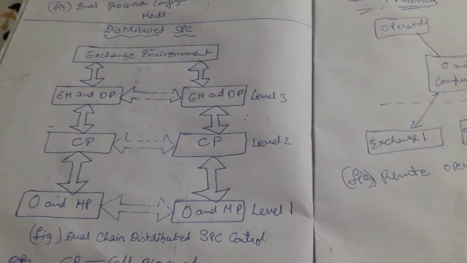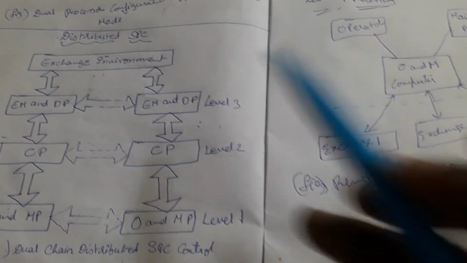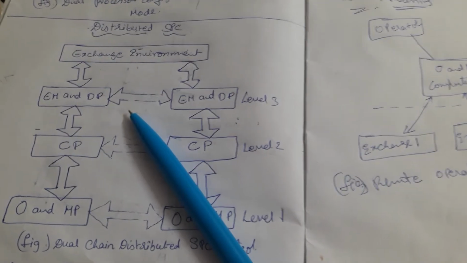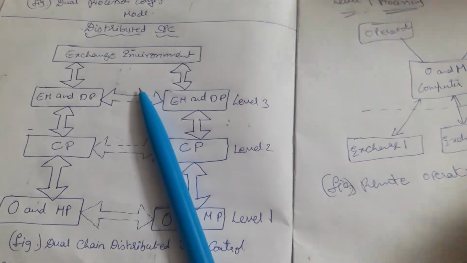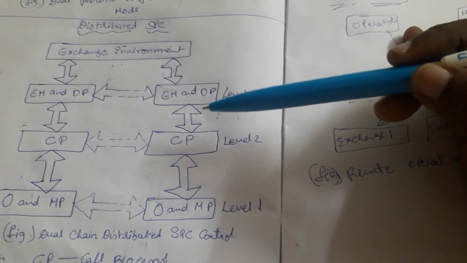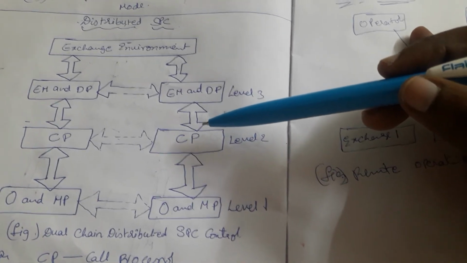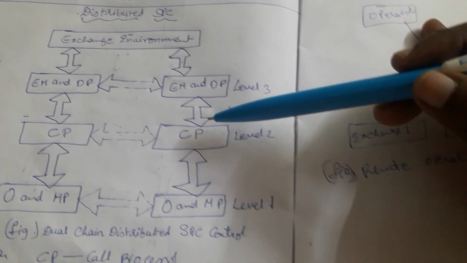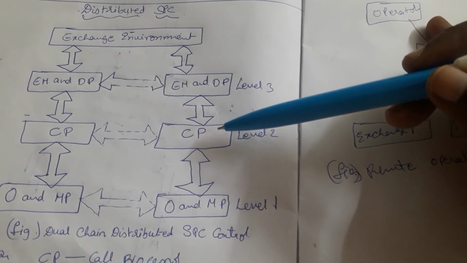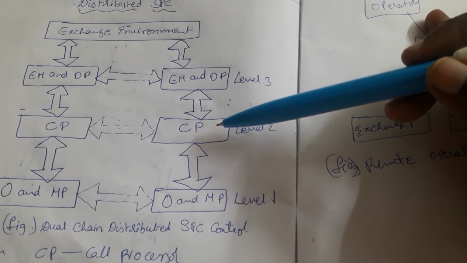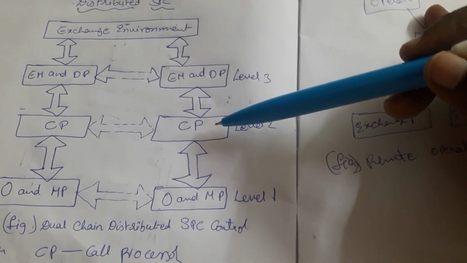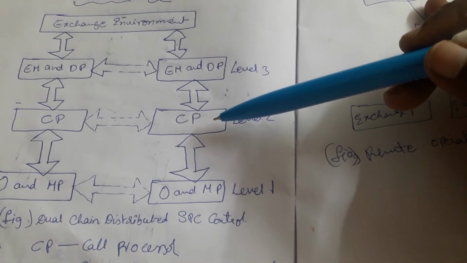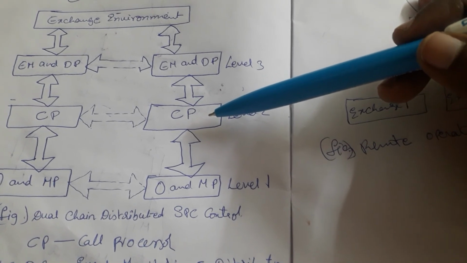In this stored program control, the control functions are shared among several processors within the exchange in distributed program control. The distributed control offers better reliability and availability when compared to centralized SPC. For distributed processing, the telephone exchange control functions may be decomposed either horizontally or vertically.